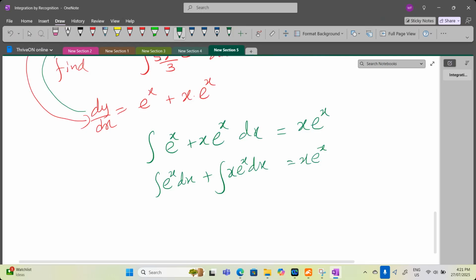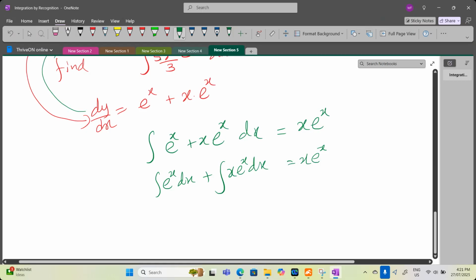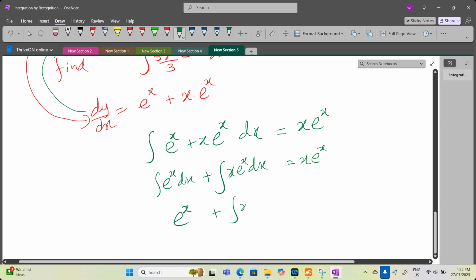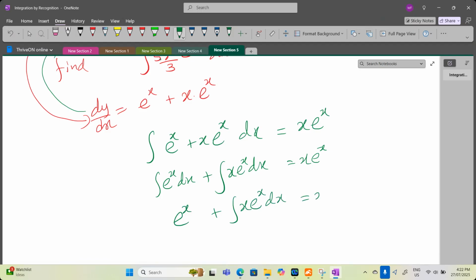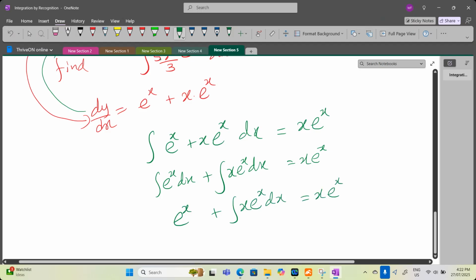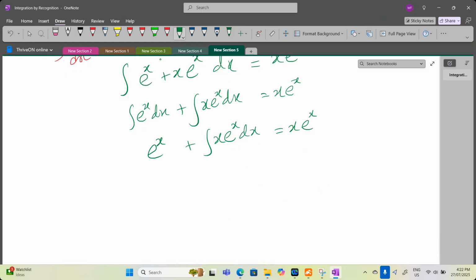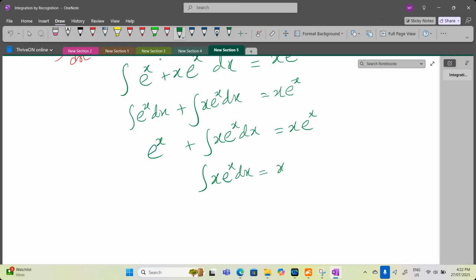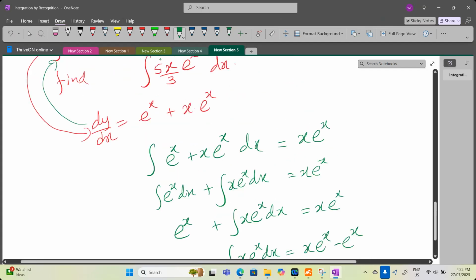Now what you can do is just integrate this e to the x dx. When you do that, it is e to the x. We don't know this, x e to the x dx. This is what we are supposed to find. Now let's simplify this part. x e to the x dx is x e to the x minus e to the x. What we need is a little bit different.